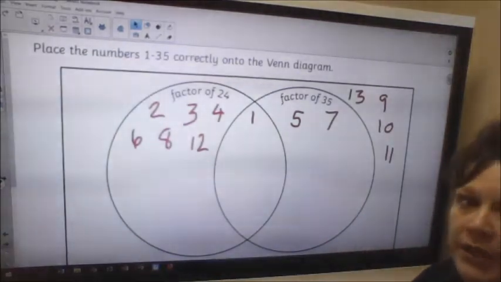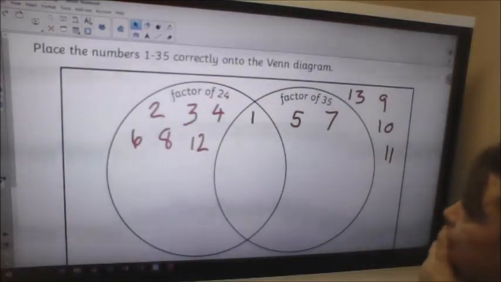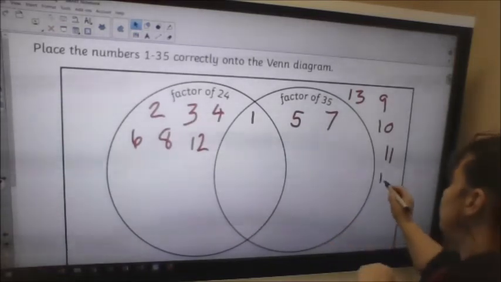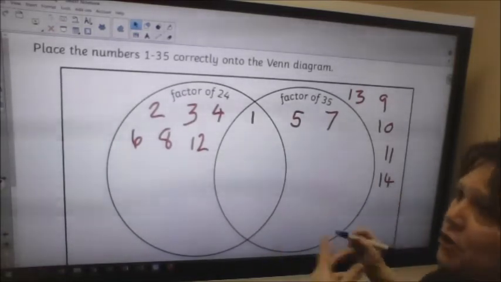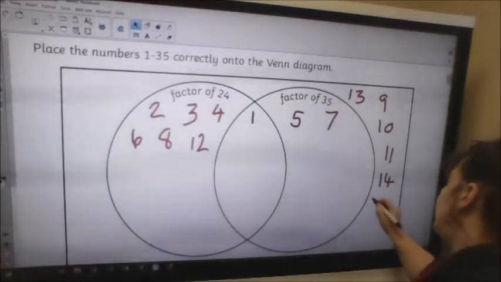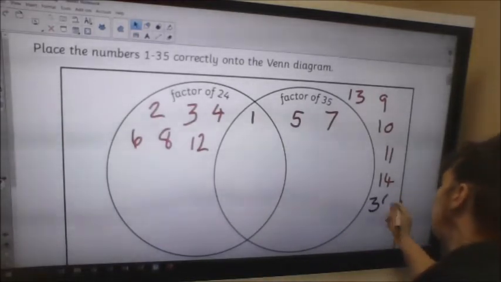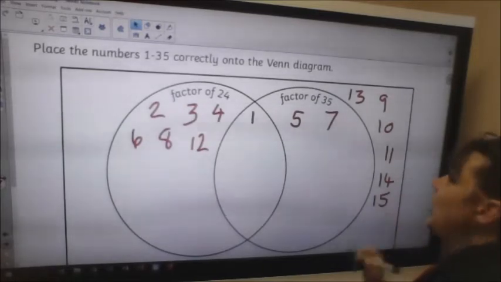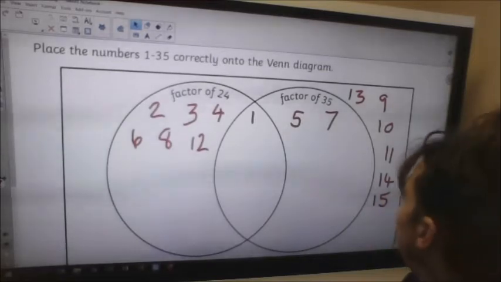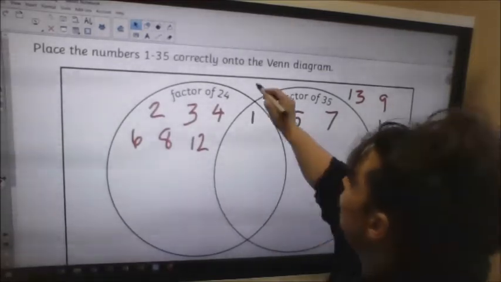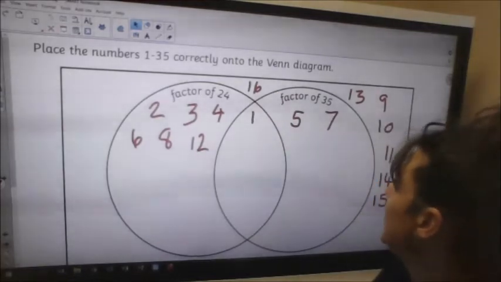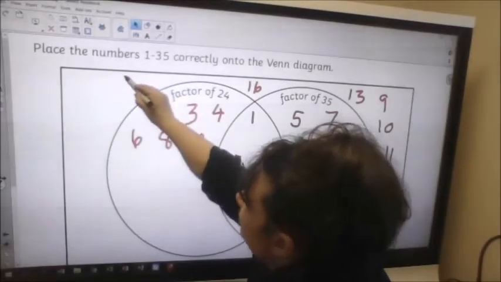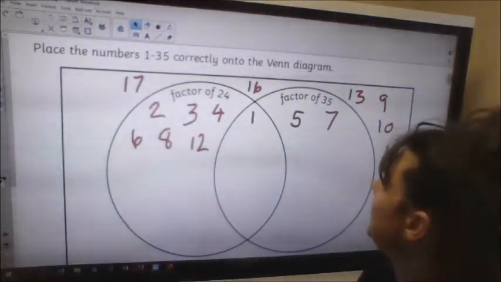So 13 would go around the outside. 14, so double 14 is 28, so won't go into any of those, so 14. 15, no, because 2 15s are 30. Oh, so I was putting my answer of 2 15s and not putting 15. Okay, 16, double 16 is 32, so 16 needs to go around the outside. 17, well, that's 34, so 17 would go around the outside there.